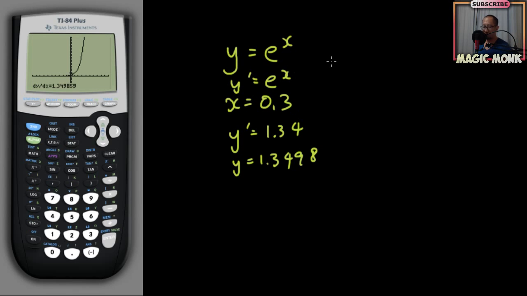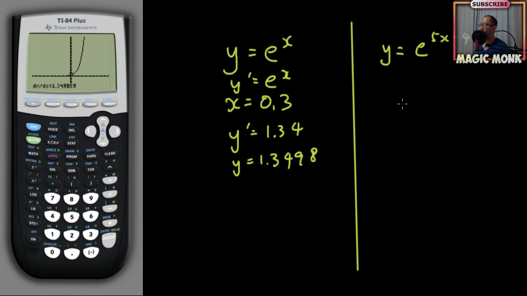Okay, now unfortunately it's not going to be that easy in the exam. So instead of e to the x, we might, for example, give you y equals e to the power of 5x minus 4. So then you've got to use the chain rule when you differentiate. Differentiate the outside, multiply by differentiating the inside.